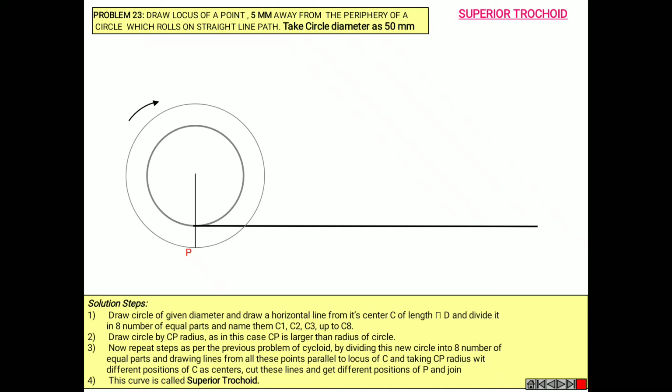So this P, mark your P 5 mm away from the periphery of the circle. So this will be your 5 mm position. So mark your point 5 mm, name it as P and draw another circle which is larger than the original circle diameter and divide this circle into 8 equal parts and mention the points in clockwise order.